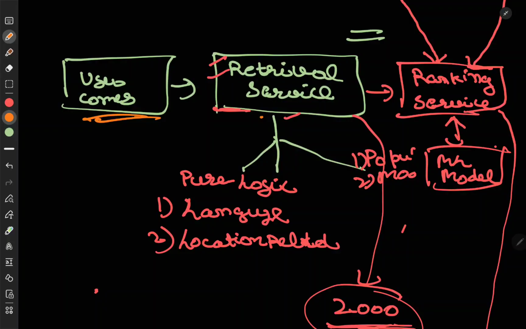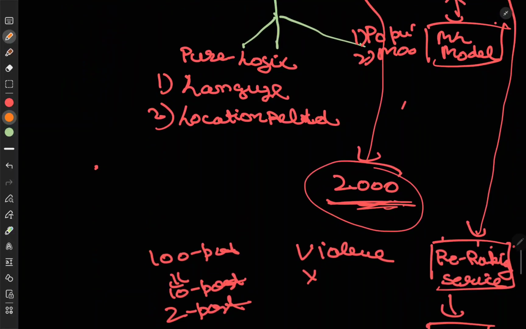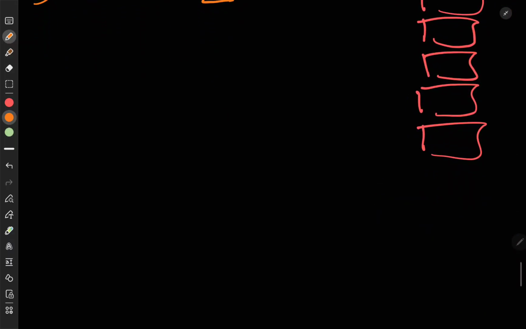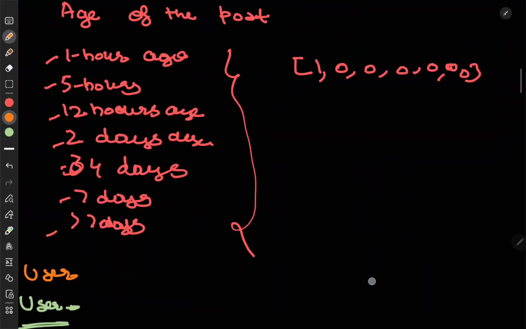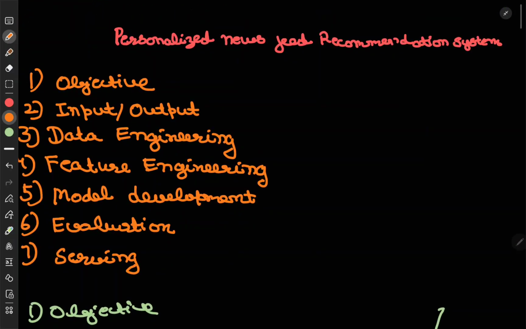Then we will see what kind of posts the user likes. So this even solves the cold start problem. So yeah, this was majorly about this system design problem of a personalized newsfeed recommendation system. Thank you.